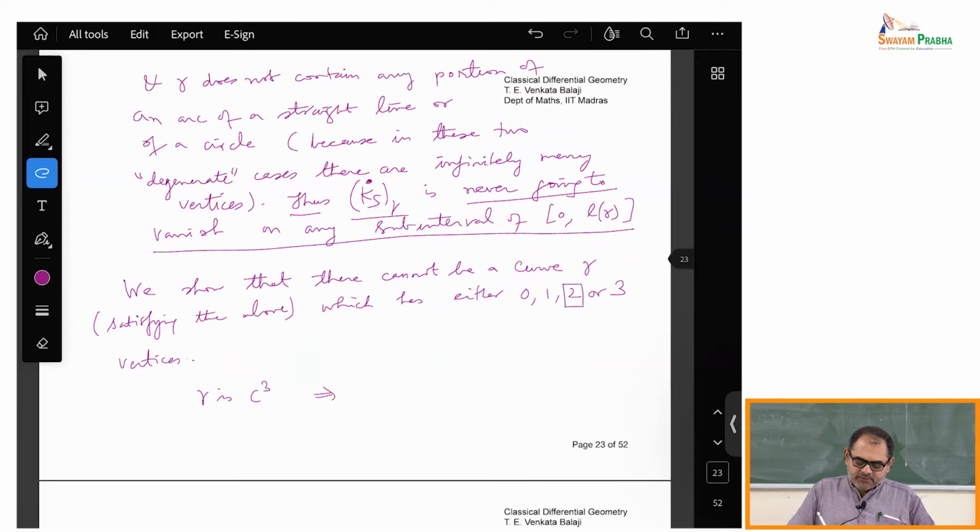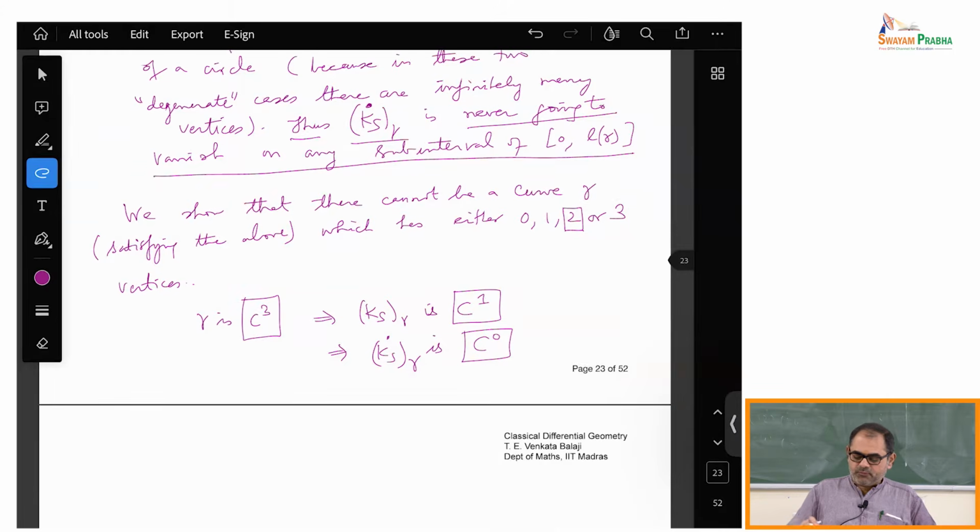So this means that Ks gamma is C1, and Ks dot gamma is C0, which is continuous. C3 is thrice continuously differentiable, and the curvature is first continuously differentiable, its derivative is continuous.